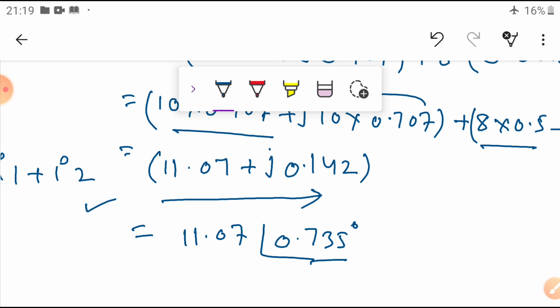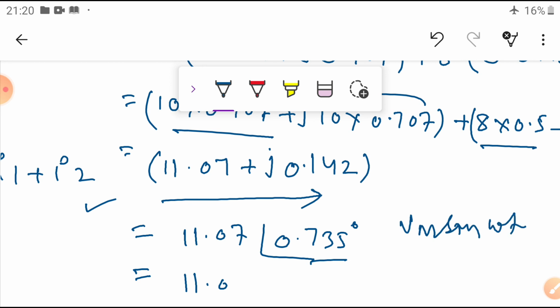Okay, similarly you can do the negative values. If you want to write it in the sine form, we can write 11.07, in the form of V max sine omega t.